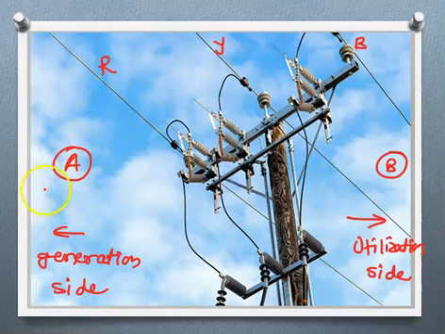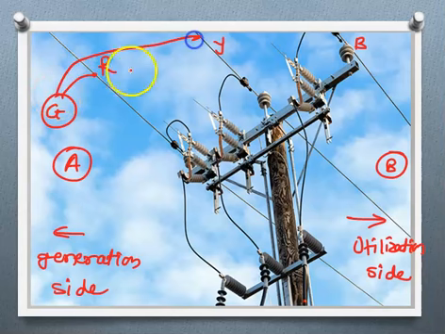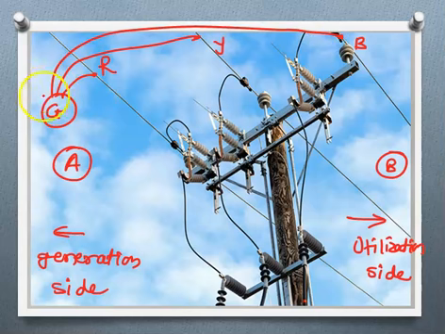And here is the generating side, where suppose this is a three-phase generator supplying power to this line, and this is again R, Y, B of the generator.